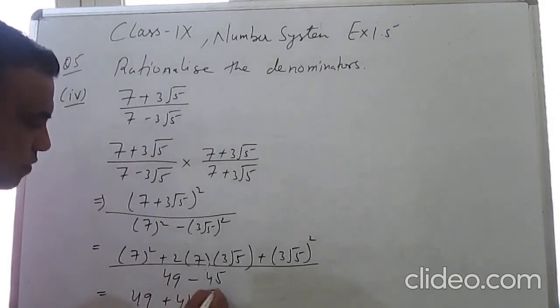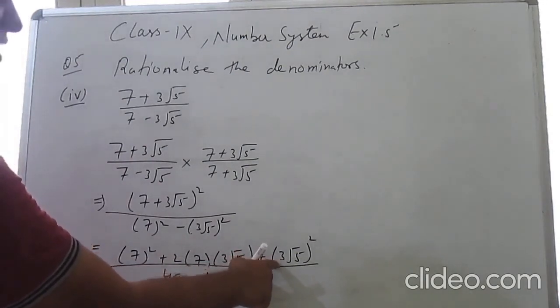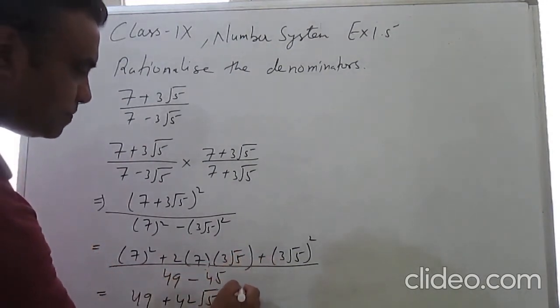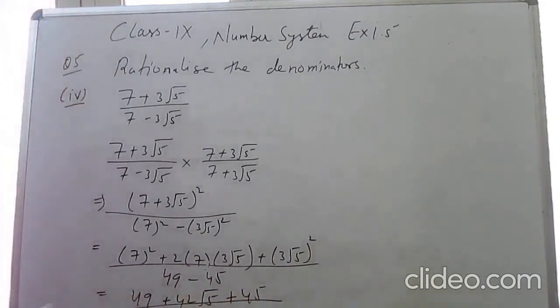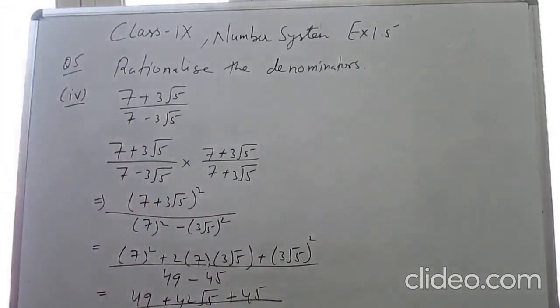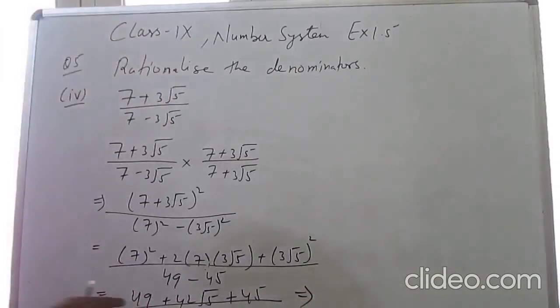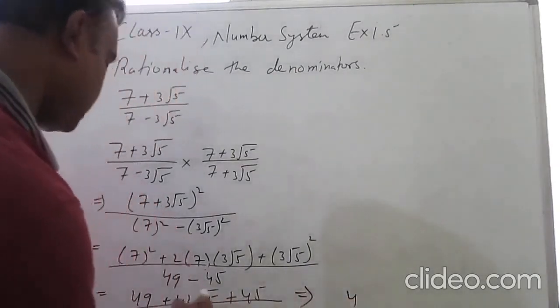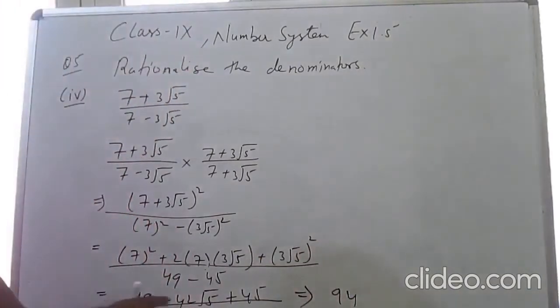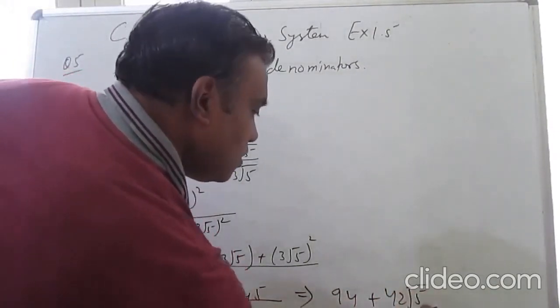Root 5, plus what will be here? This is 9, 9 5s are 45, and in the denominator 49 minus 45 is 4. Now simplify it. 49 plus 45, what will you get? 94. 94 plus 42 root 5 upon 4.